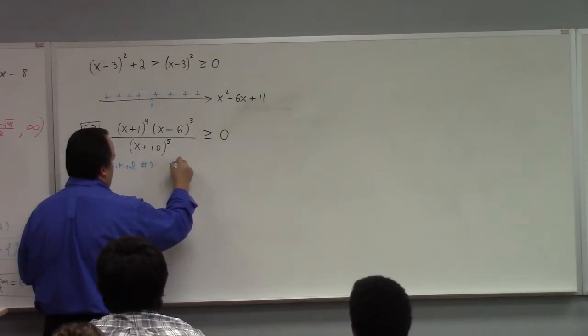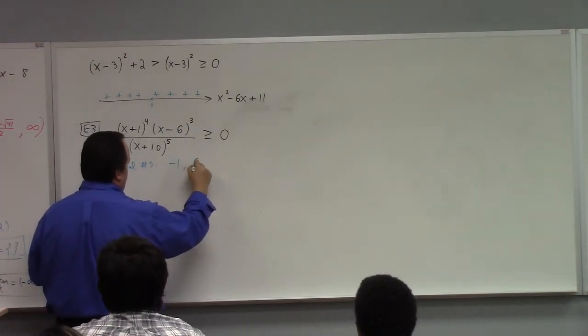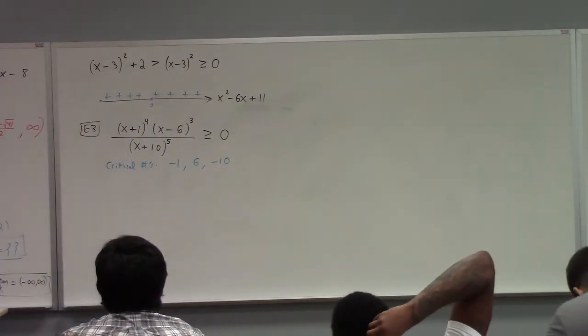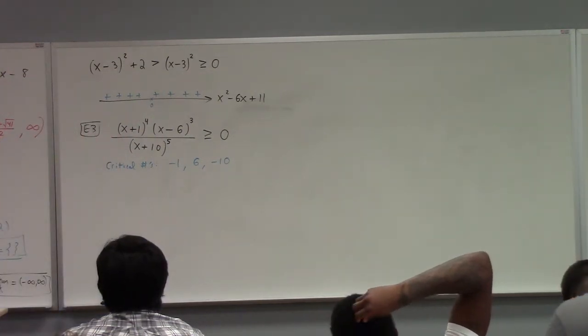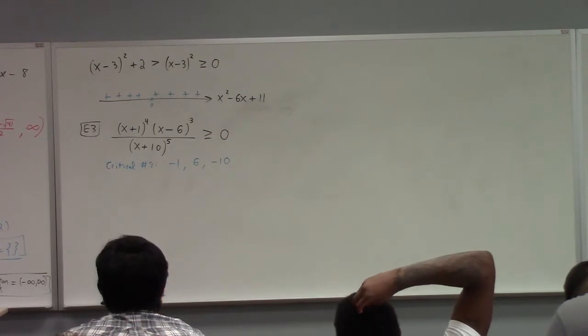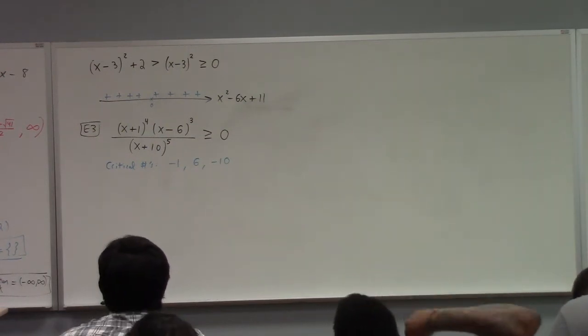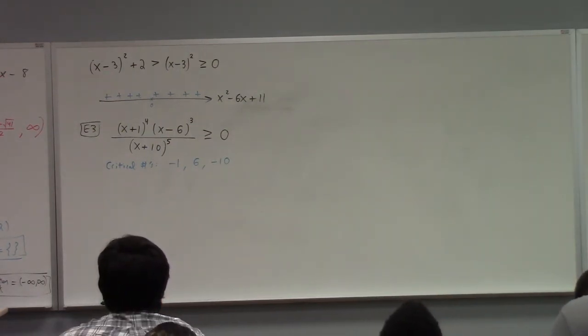I heard −1, 6, and −10, right? Remember, we have to flip the sign because what makes x + 1 zero is −1, right? What makes x − 6 zero? It's 6, all right? So those are your critical numbers.